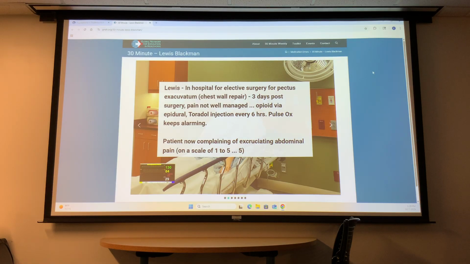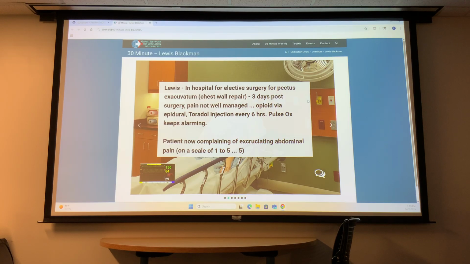So he was in for elective surgery for the pectus excavatum. Three days post-op, his pain was not well managed. He's getting an opioid via the epidural, and then they added Toradol injection every 6 hours. What class of medications is Toradol? It's a very powerful NSAID.